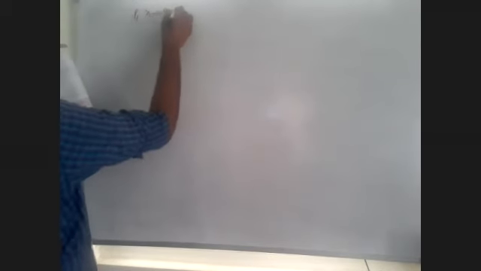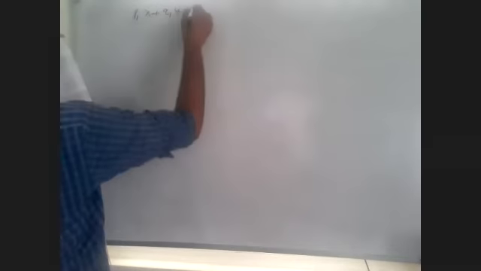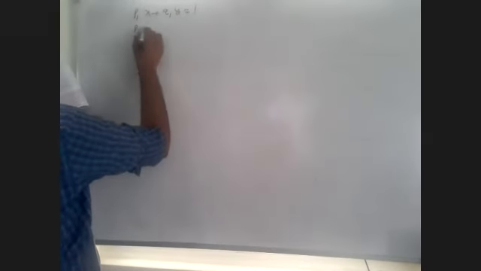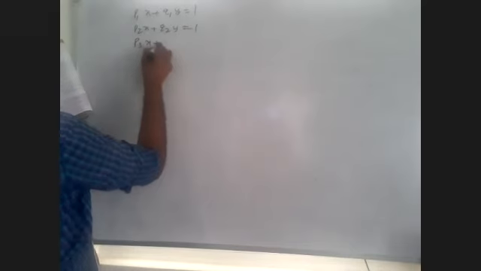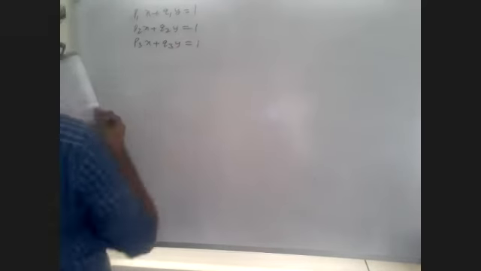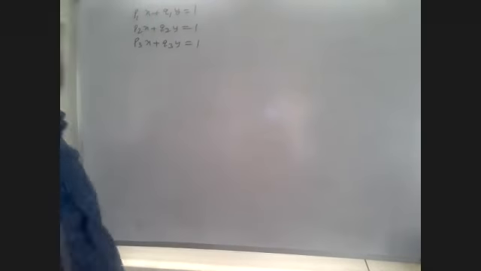The formula: if P1 x plus Q1 y is equal to 1, P2 x plus Q2 y is equal to 1, and P3 x plus Q3 y is equal to 1 are three concurrent lines, then the points P1 Q1, P2 Q2, P3 Q3 are collinear.